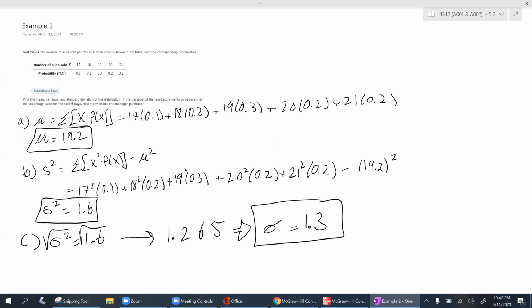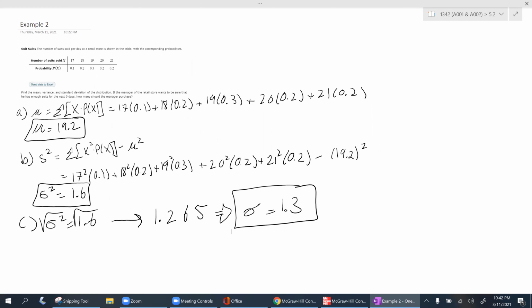And it says here, if the manager of the retail store wants to be sure that he has enough suits for the next 6 days, how many should the manager purchase? If I know that on average he sells 19.2 suits, what I'm going to do is multiply 19.2 by 6.